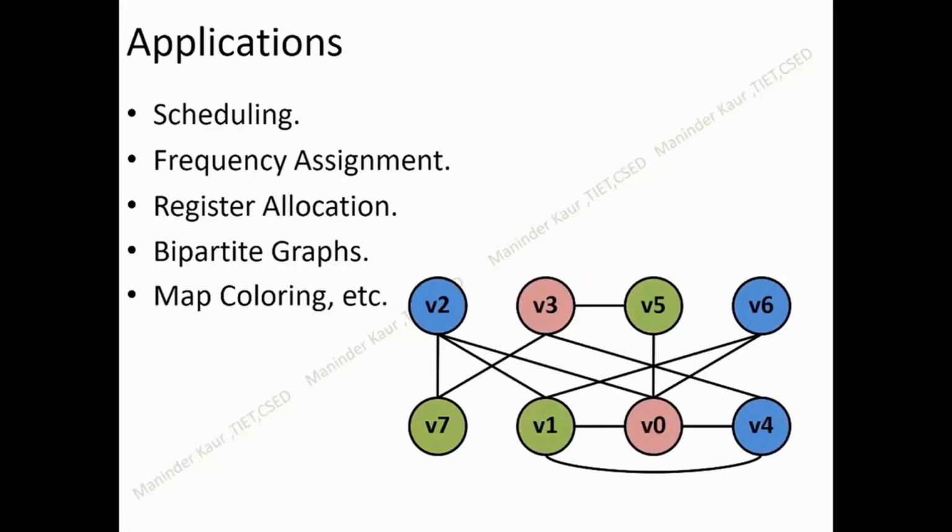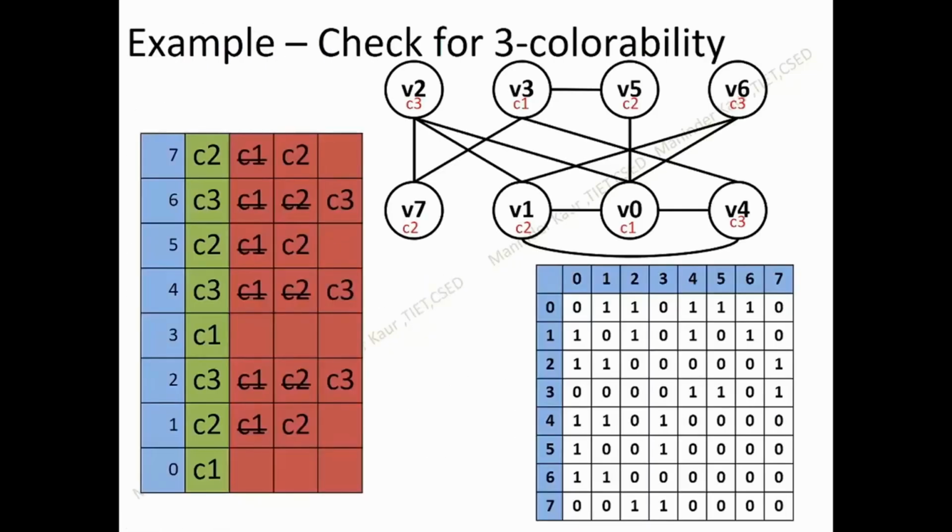Now this is the whole procedure for applying backtracking for checking M colorability. The basic idea is that we should assign the colors one by one to different vertices, starting from vertex 0. Before assigning a color, check for safety by considering the colors already assigned to the adjacent vertices.